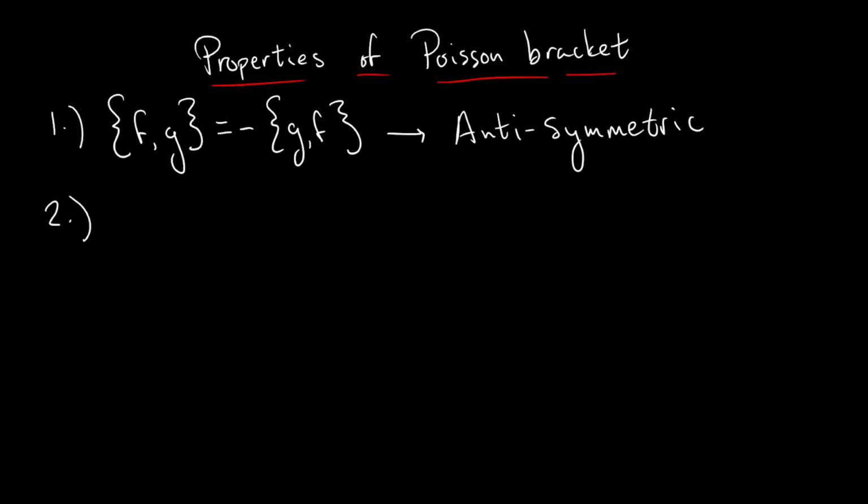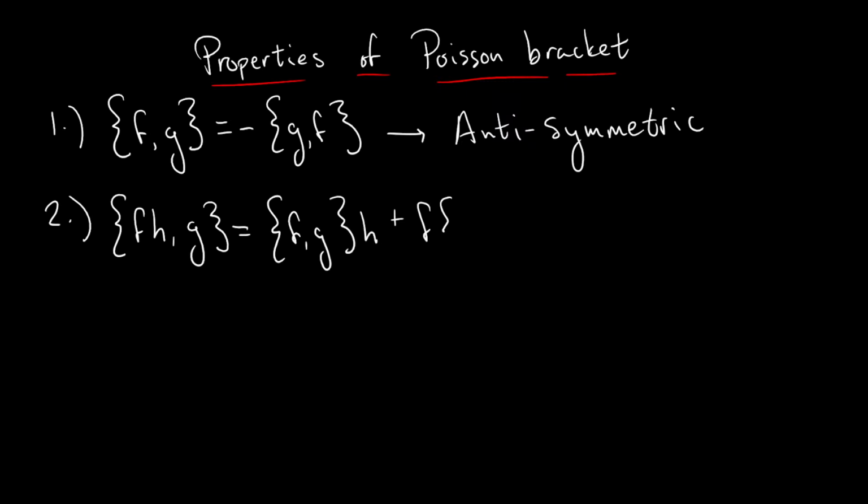The second one, really the second and third together, come from linearity arguments. This is just that if I have three functions living in my Poisson bracket, this is given by that relation. Again, this is fairly straightforward to prove just using rules of derivatives, so I'm not going to go super in depth with these proofs.